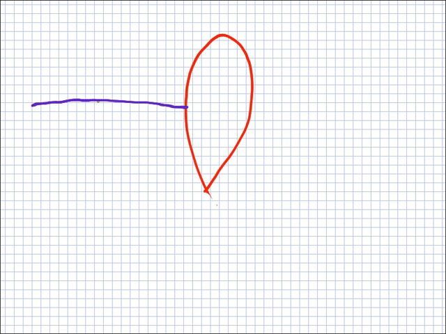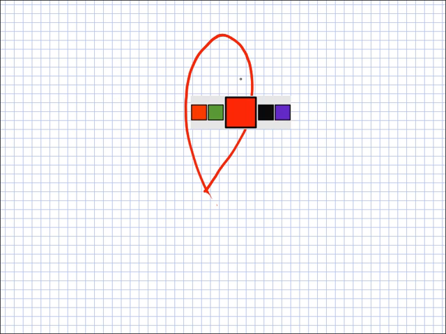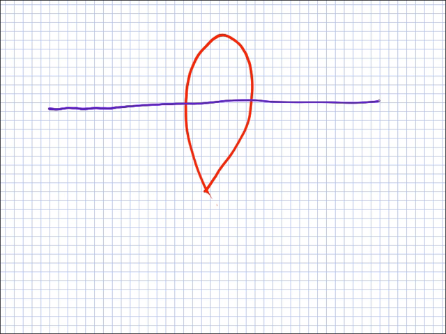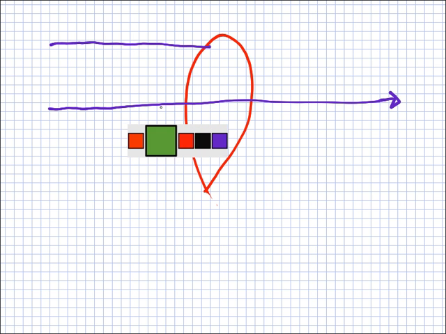That's the normal, so it'll pass straight through, like that. That's not so interesting. Now, the light will come in here. What's theta 1? Well, if you draw the normal here, this is theta 1. Okay?